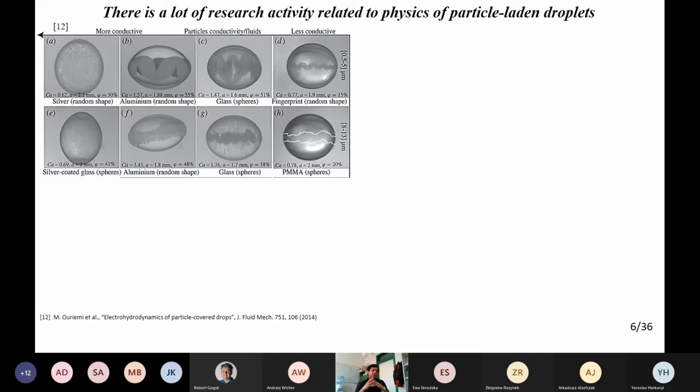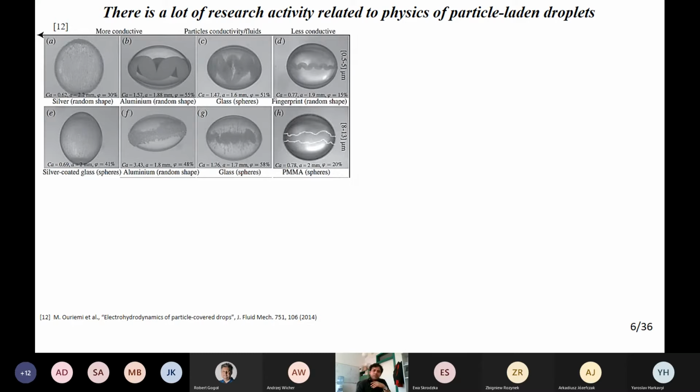They concluded that the particle structuring at the droplet interface in an electric field depends upon the polarizability of the particles, the concentration of the particles, as well as the applied electric field. So they arrange themselves in different ways depending upon the properties of the particles.